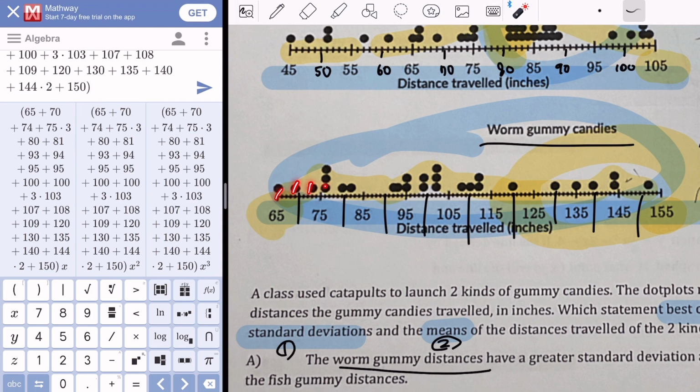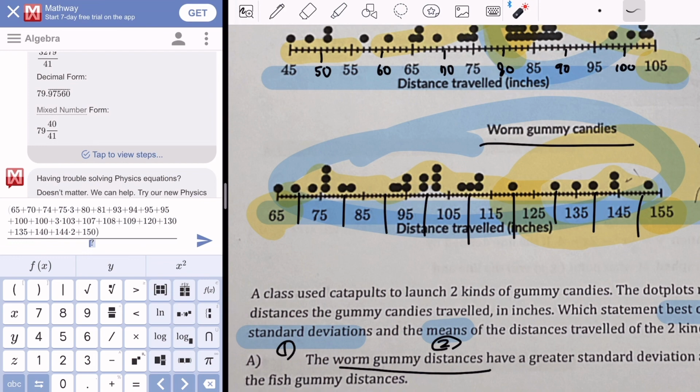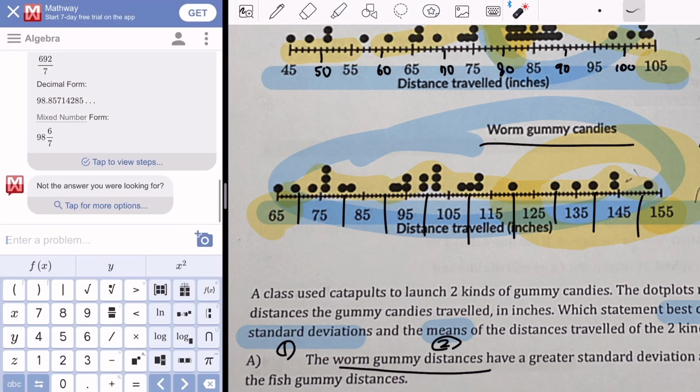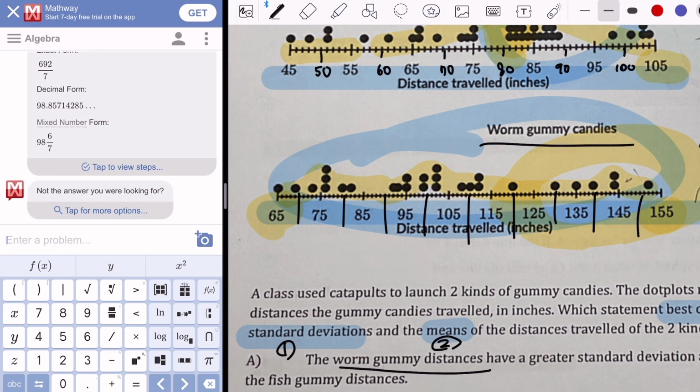Counting the values: 1, 2, 3, 4, 5, 6, 7, 8, 9, 10, 11, 12, 13, 14, 15, 16, 17, 18, 19, 20, 21, 22, 23, 25, 26, 27, 28. There's 28, so divide by 28. The mean value of it is 98.857 something.